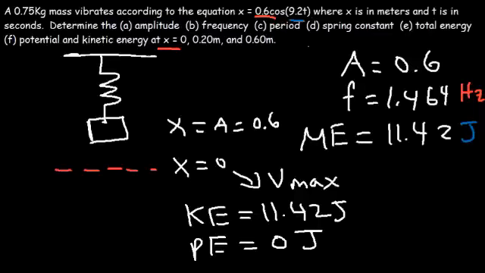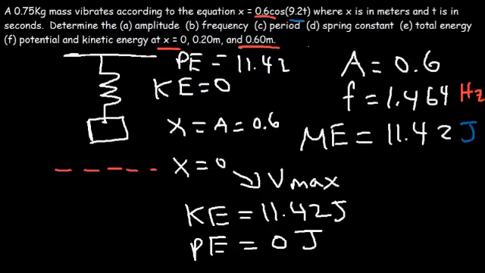Now what about the other extreme, when x is 0.6? When it's fully compressed or stretched, the kinetic energy will be 0 at this point, but the potential energy will not be 0. It's going to be 11.42 at a displacement of 0.6.